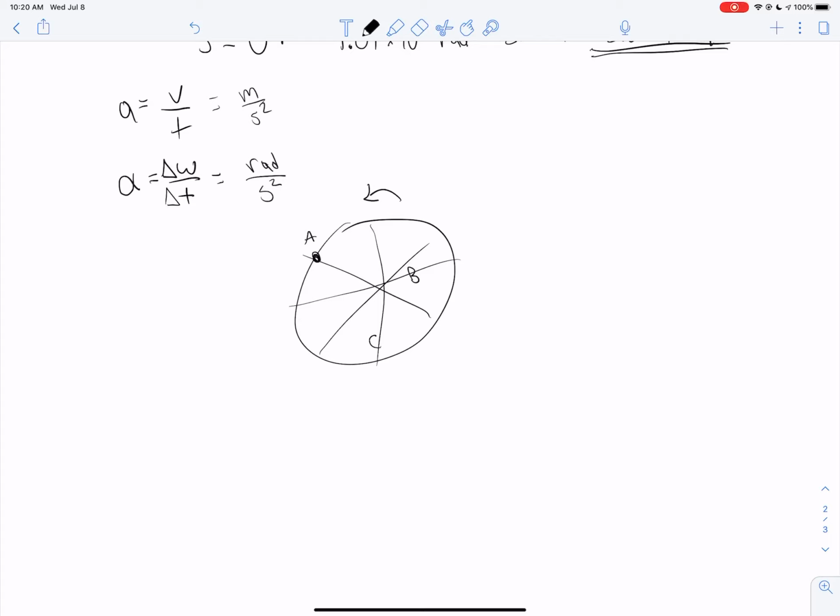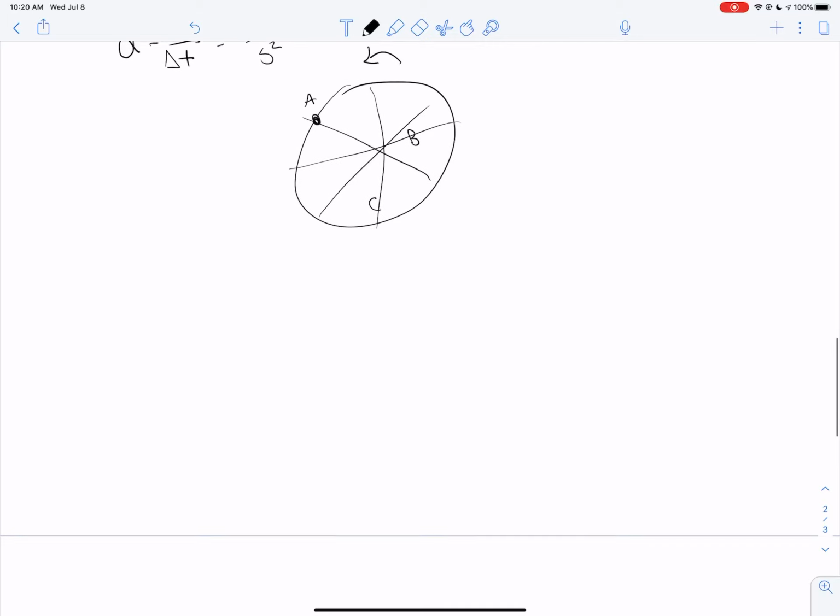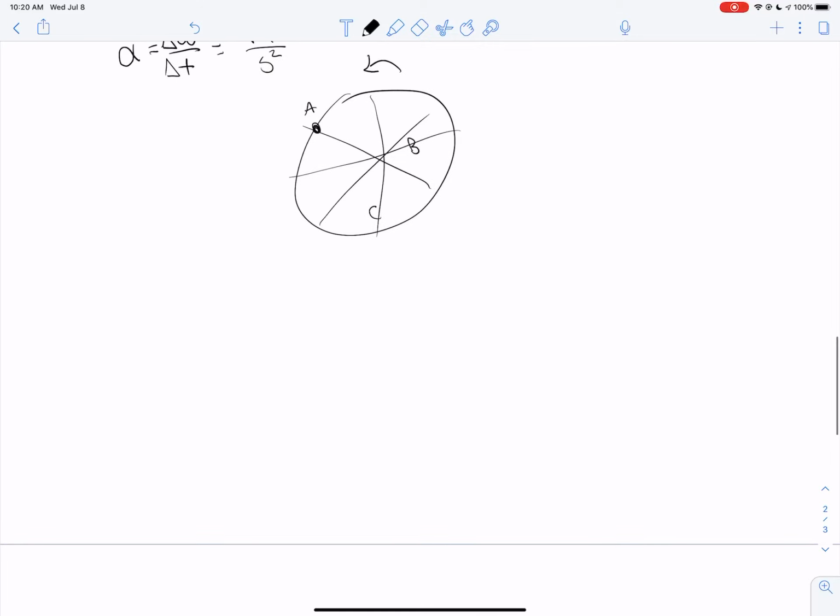Now we're going to talk about the 3 equations needed for rotational motion under a constant angular acceleration. Linear motion will come up a lot because of all the similarities that exist between them.